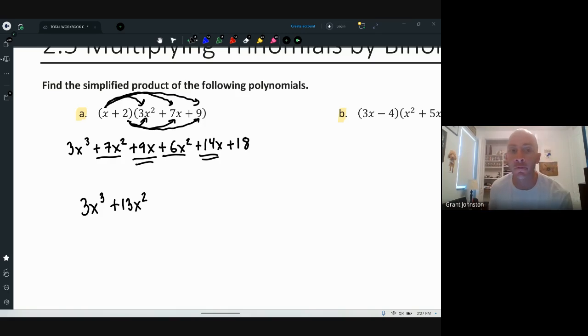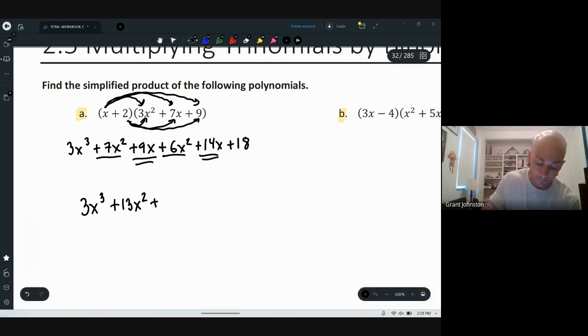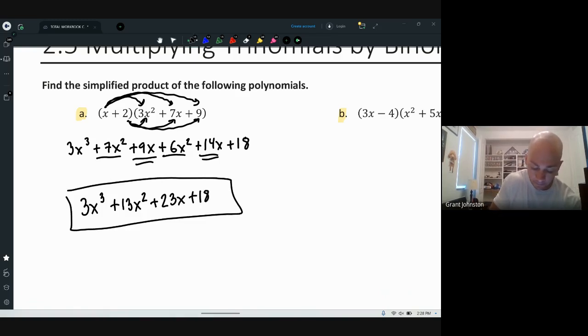The 9x plus the 14x would be 23x. And then I still have my plus 18. That's it. It's similar to what we were doing before, except now it's just kind of bigger.